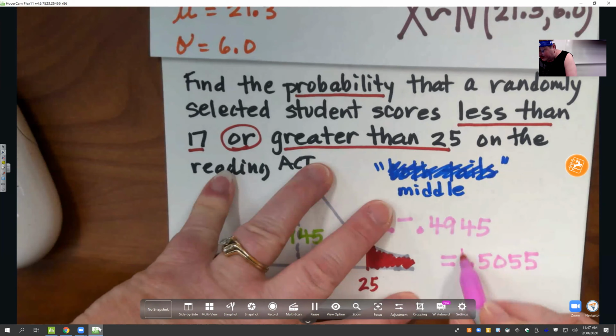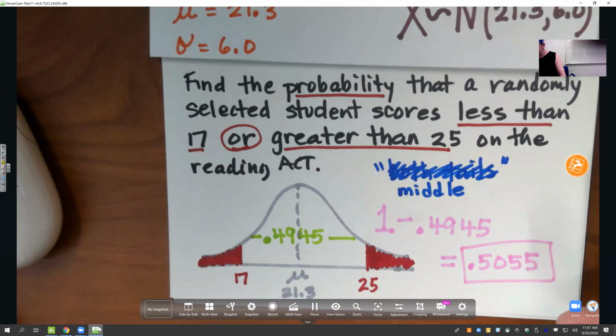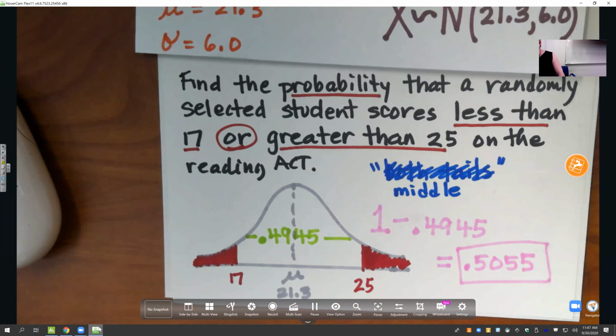This is the answer that you would want to give if this were a question on the test or a question on your homework, or a question on a practice problem. It's like you've got a whole pizza and you've eaten the middle out. So you want to know what's left.